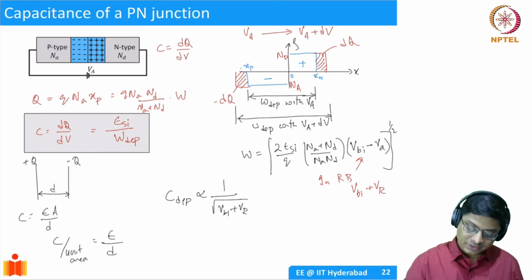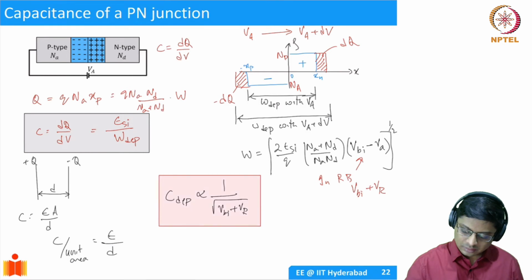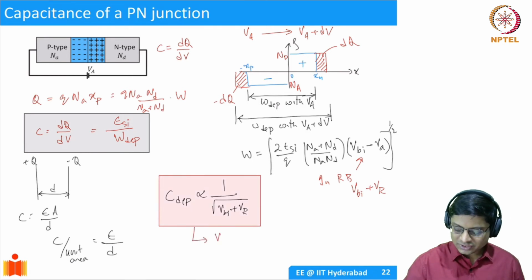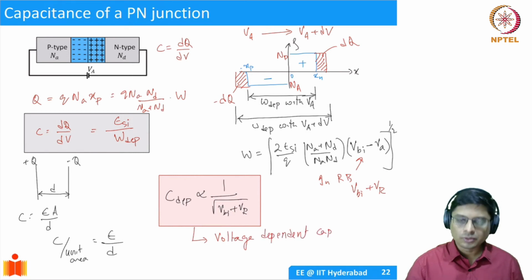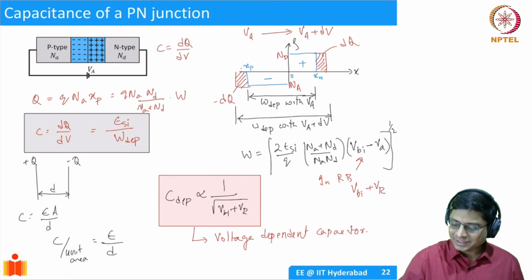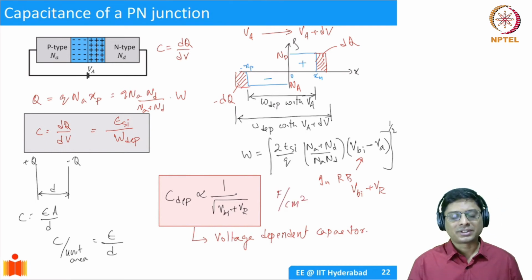So this is a voltage dependent capacitance. A voltage dependent capacitor. And if you do the math carefully, you should also find out what the units are, and the units turn out to be farad per centimeter square.